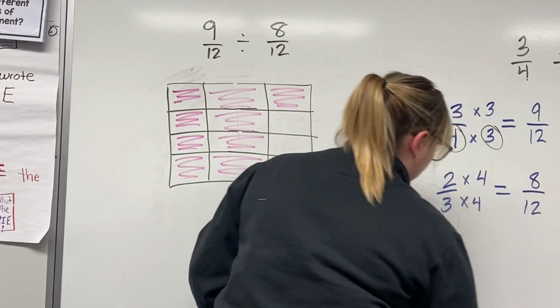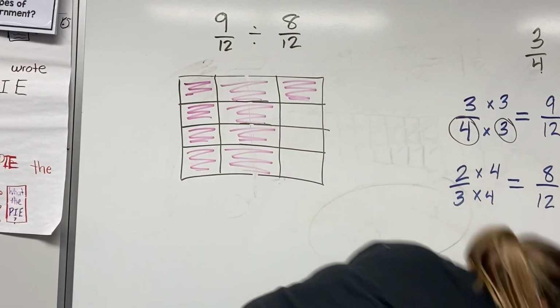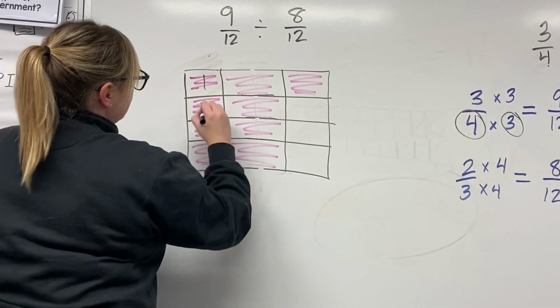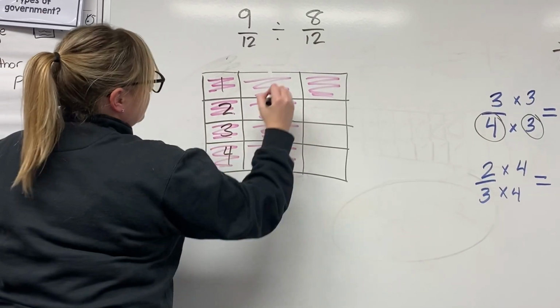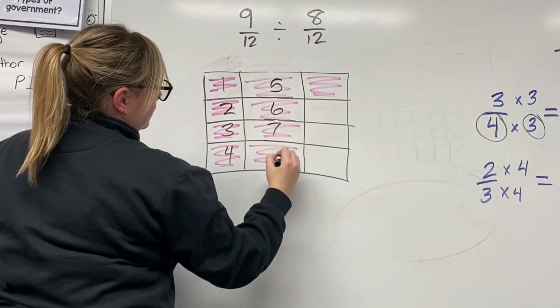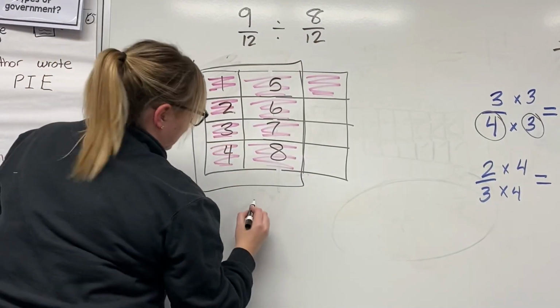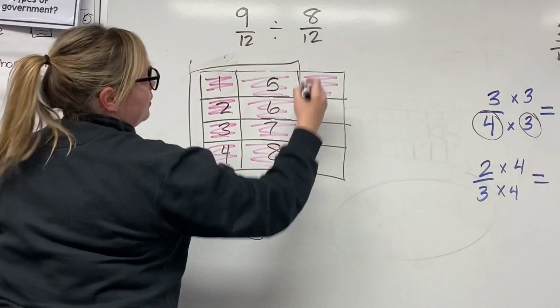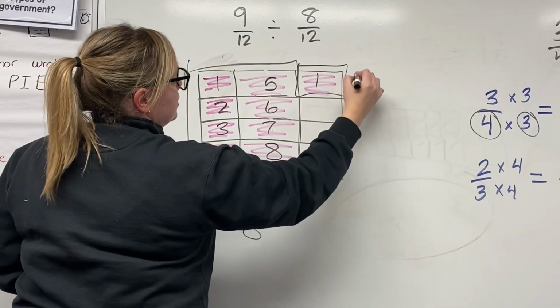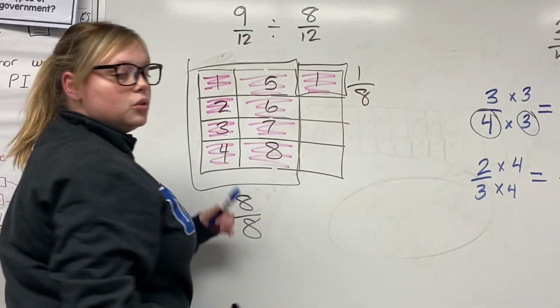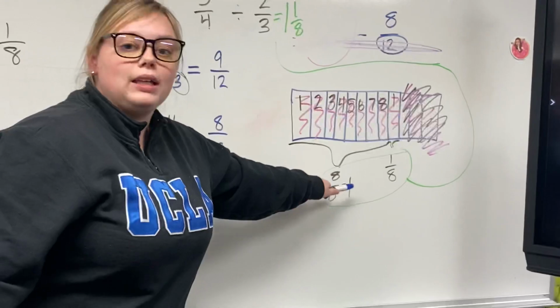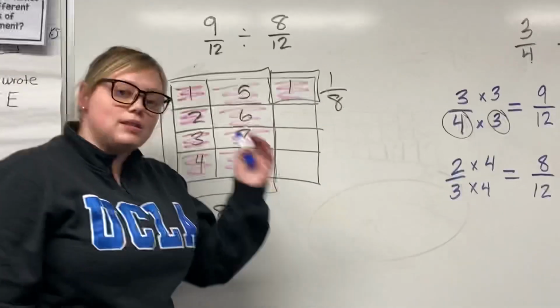I would just go through and I would just think, 1, 2, 3, 4, 5, 6, 7, 8. So that's 8 over 8. And then this one right here is 1 left. That would be 1/8.